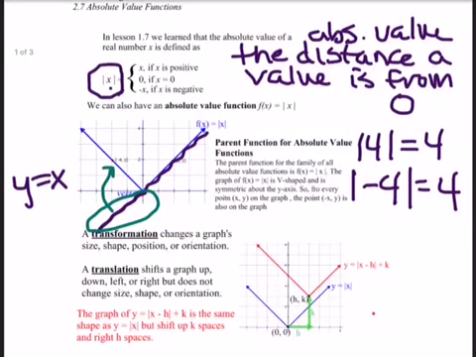We call this the parent function because it's the simplest version. In function notation, f of x, or we could write it as y equals the absolute value of x, is the parent function. We can take that graph and move it around, shifting it up and down, left to right.